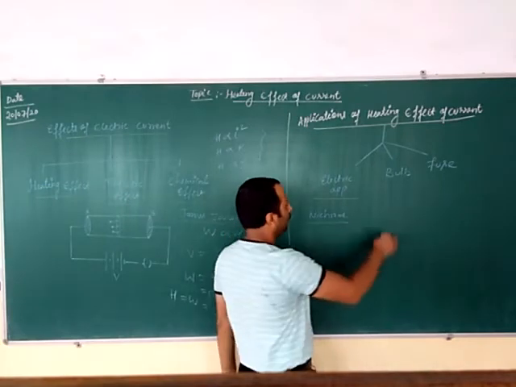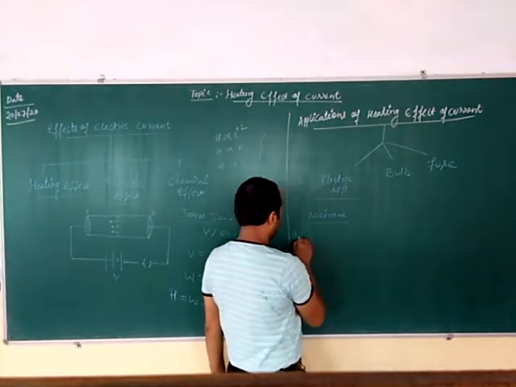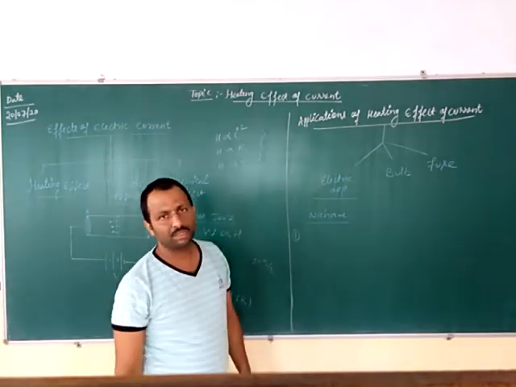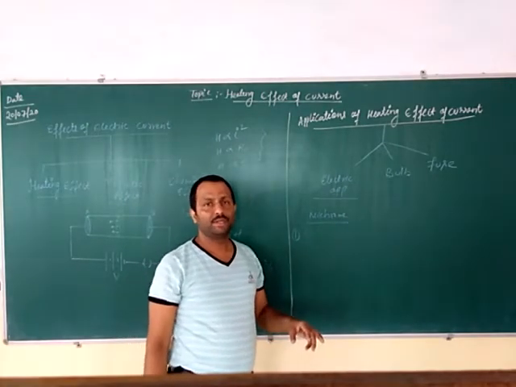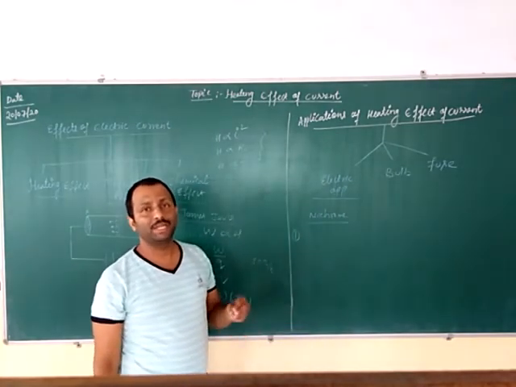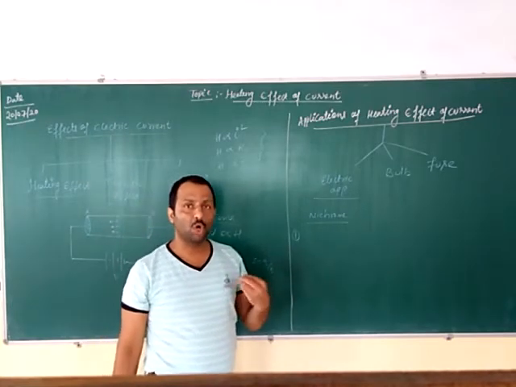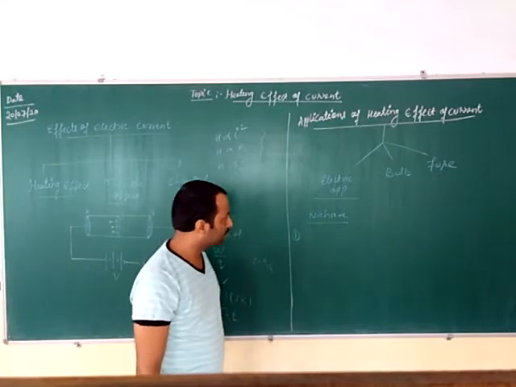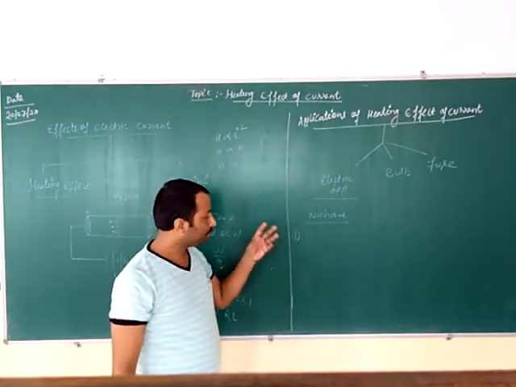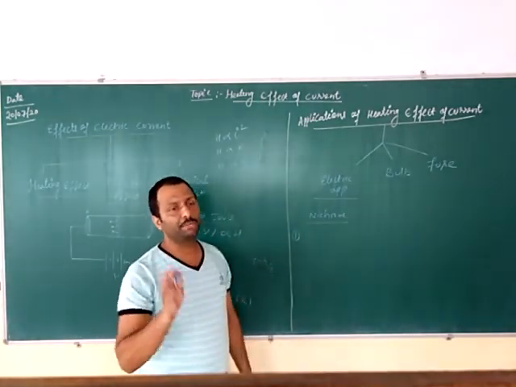Now a very important question that is asked in the board exam is: the filament of the element of an electric heater becomes hot when electric current passes through it, whereas the connecting cable does not become hot.